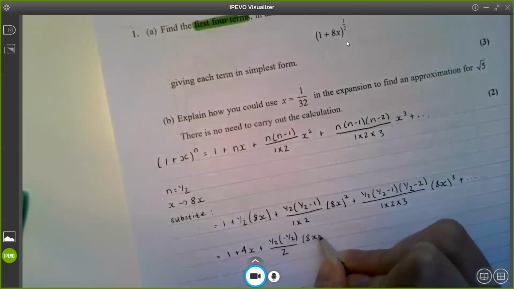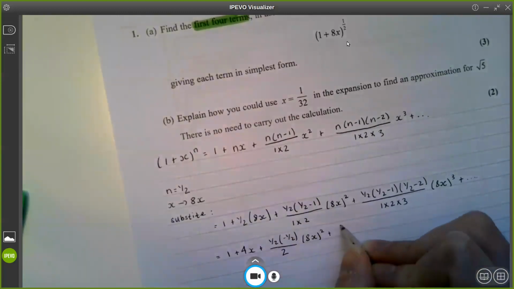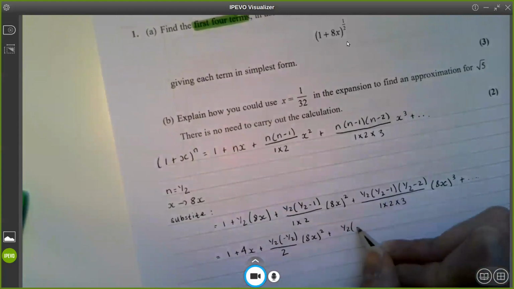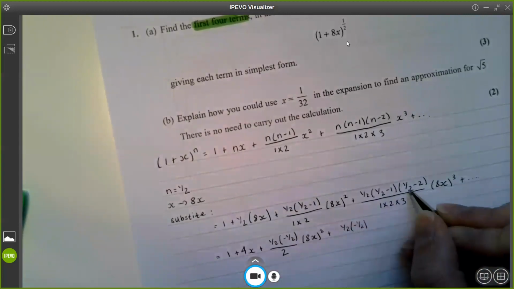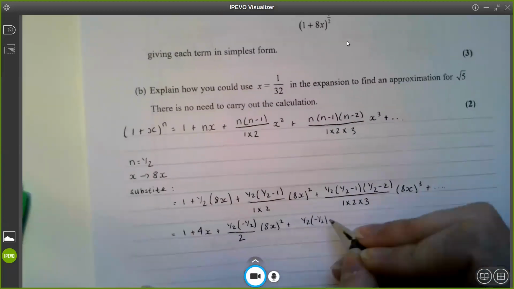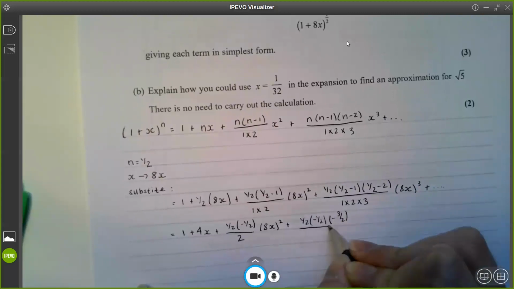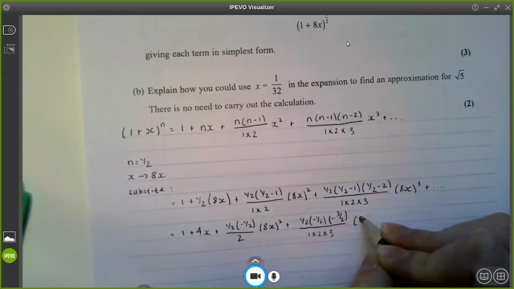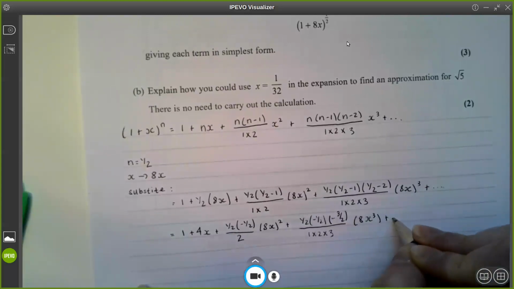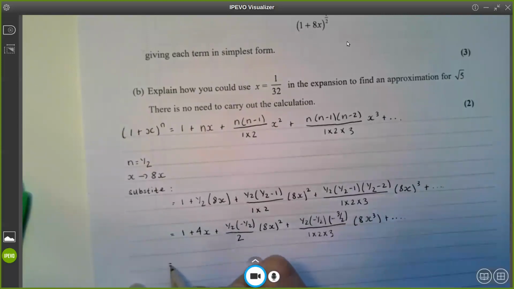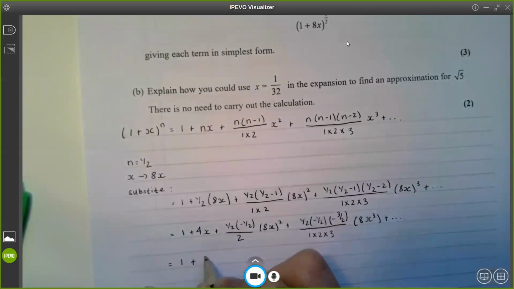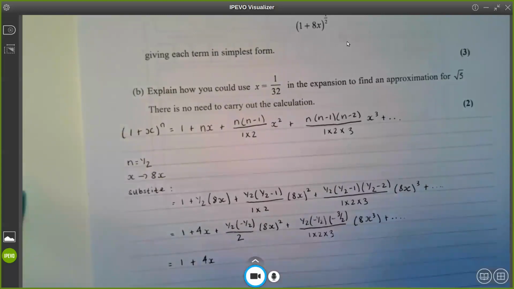I've got 8x squared, plus (a half minus 1) is minus a half, (a half minus 2) is minus 3 over 2, and that's over 1 times 2 times 3, and I've got (8x) cubed. Simplifying again, 1 plus 4x stays the same, and then I've got a half times minus a half divided by 2 times 8 squared.